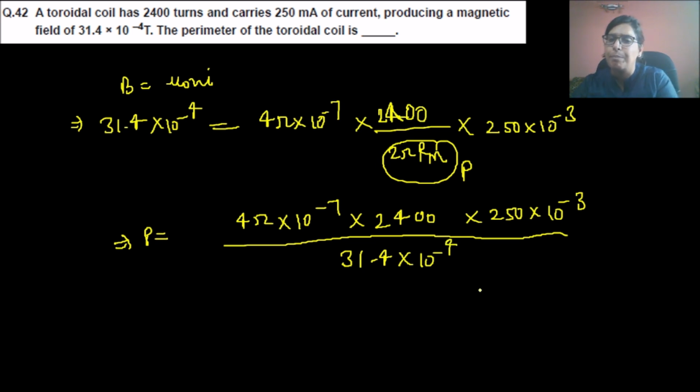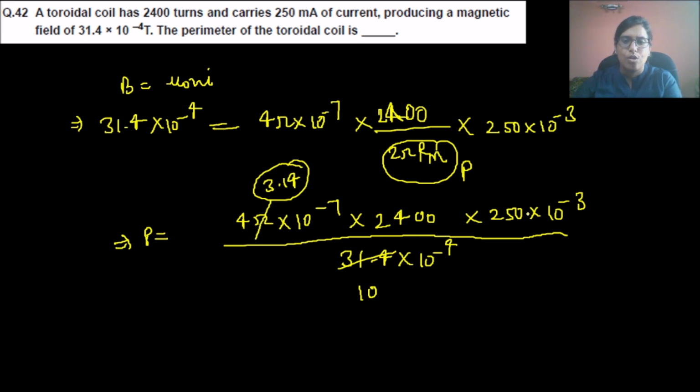This is very simple calculation because pi value is 3.14. So this and this will be cancelled out, and here it will remain 10, right?